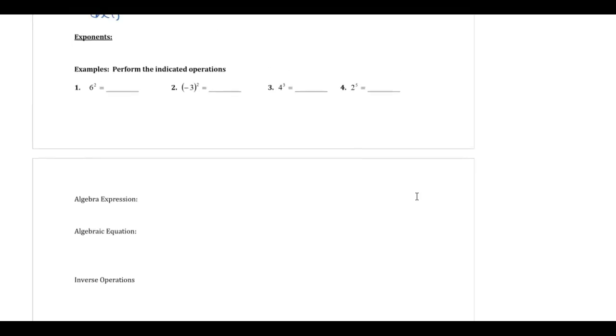Now, exponents. We talked about this a little bit. What happens with an exponent is you have some base raised to some exponent. And the exponent tells you how many times you're going to multiply the base by itself.